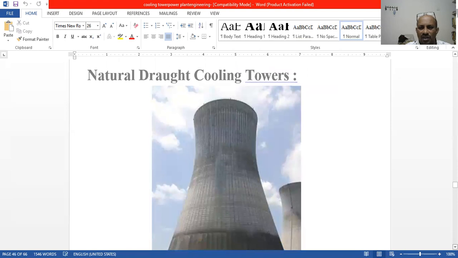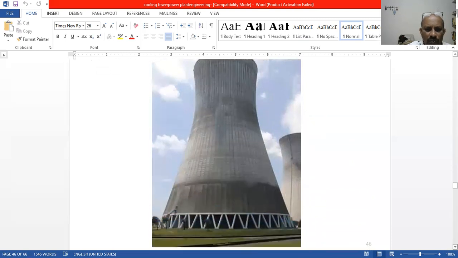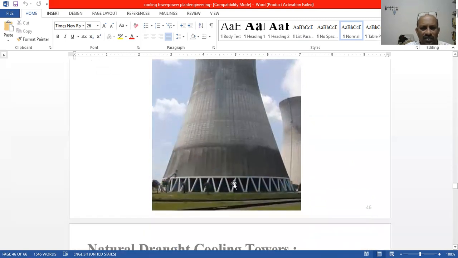See how this cooling tower is constructed. We use natural draught cooling towers in large power plants. See the diagonal sketches here.